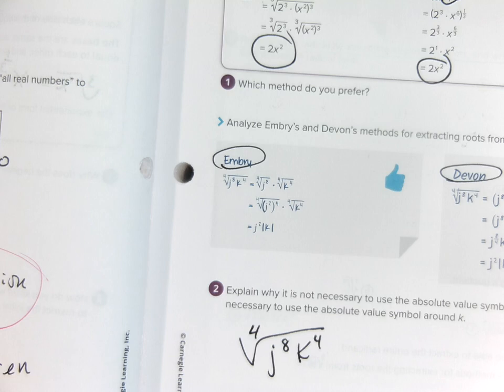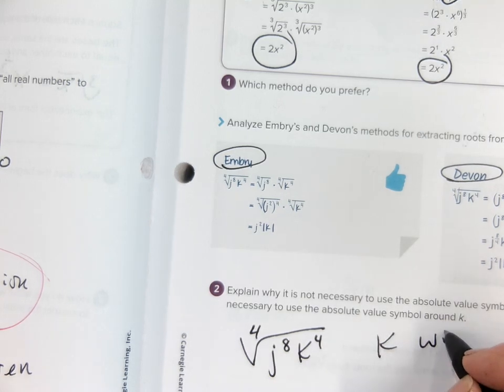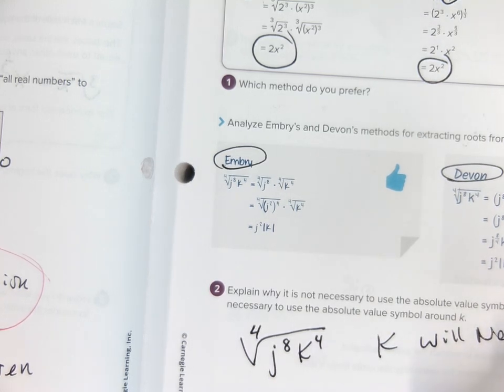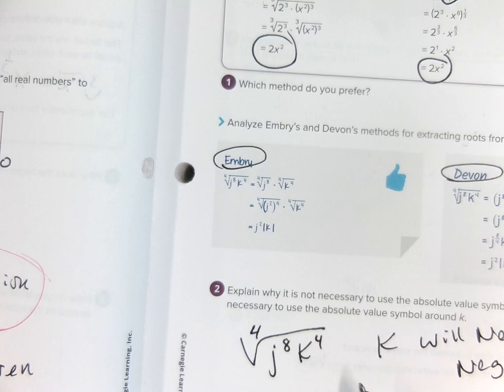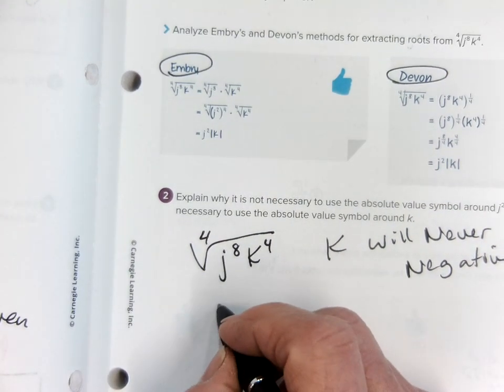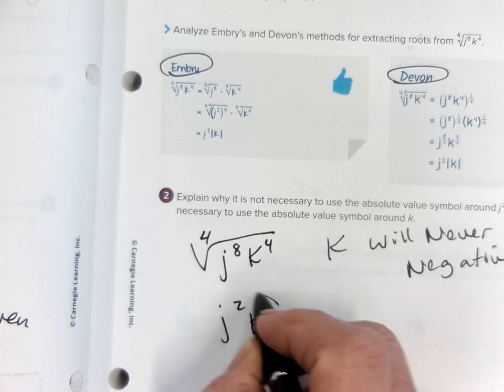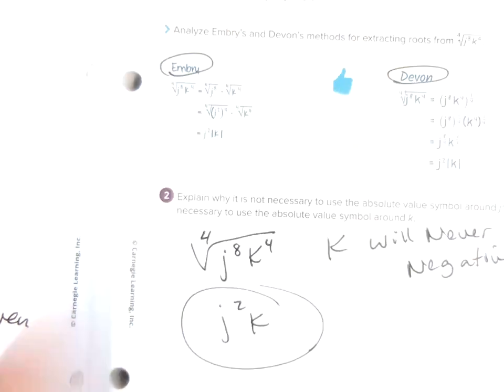So right here, k can never be negative, because it's to the fourth power. So they do just j squared k. That's the answer. What did I do? I took a fourth of the exponent.